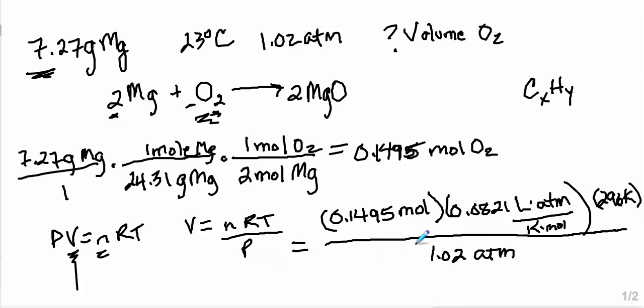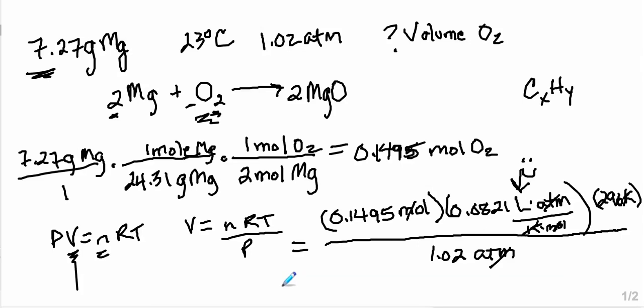And if I wanted to go through and cancel my units: mole in the numerator, mole in the denominator, Kelvin in the numerator, Kelvin in the denominator, and atmosphere in the numerator, atmosphere in the denominator, leaving me with just one unit left, which is volume, which is what I want. And when I solve this problem, be careful when you use your calculator. This one won't cause you as many problems as others because there is only one number in the denominator.